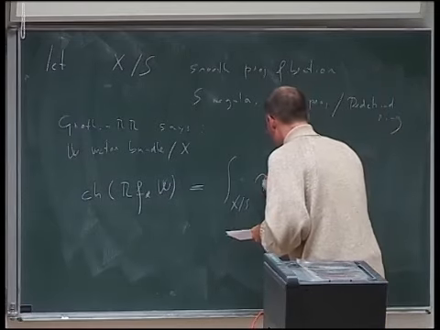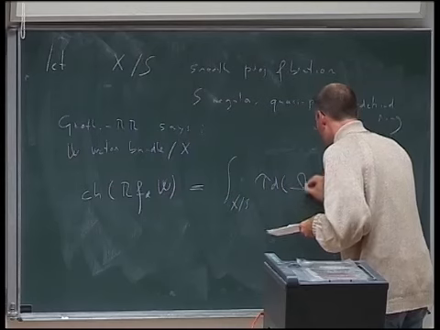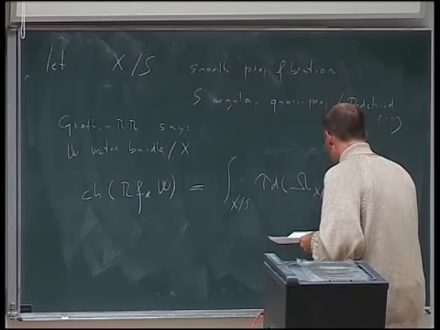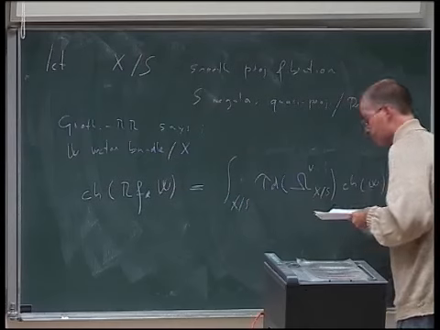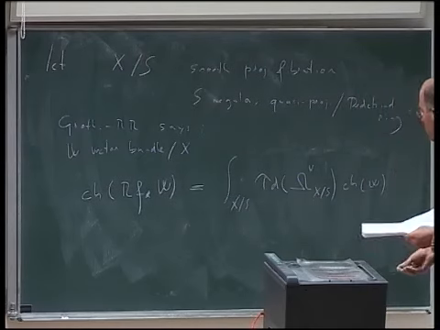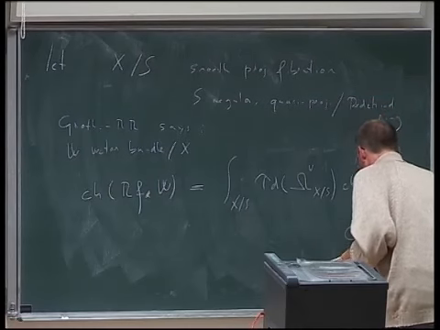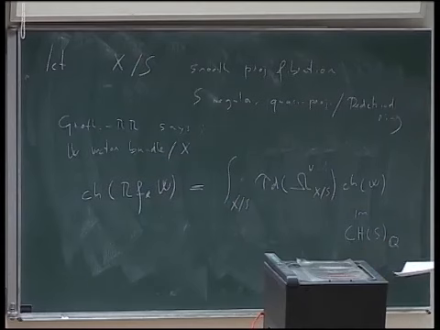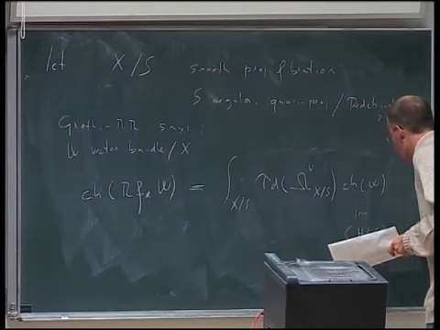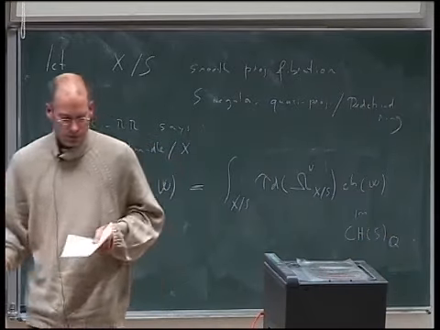You have the Todd class of the dual of the sheaf of differentials of X on S, multiplied by the Chern character of W. And this is an equality in the Chow theory of the base, tensor Q. I hope that this is not in the way of the Chow group here. So this is what the Grothendieck-Riemann-Roch theorem says.